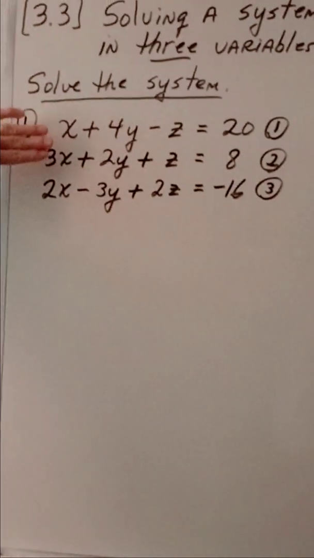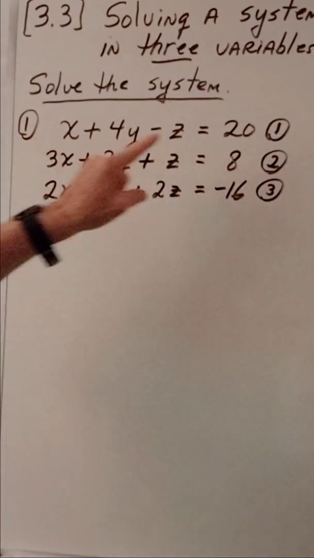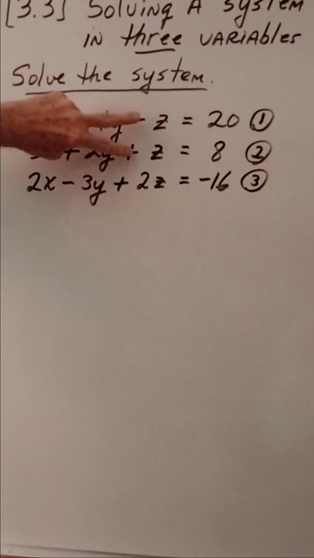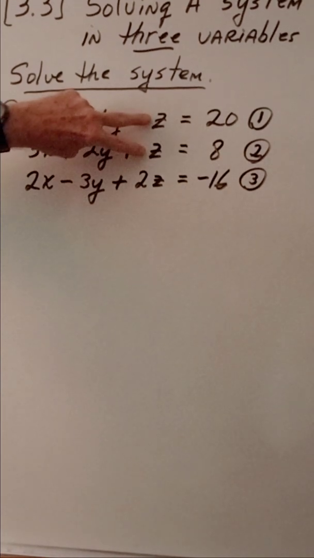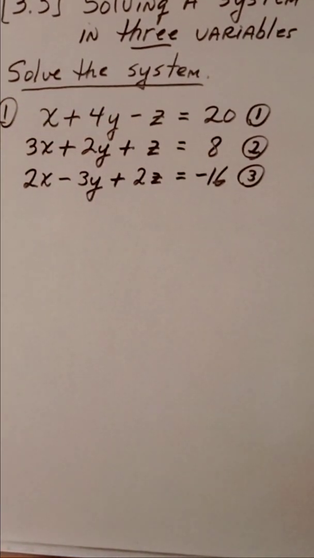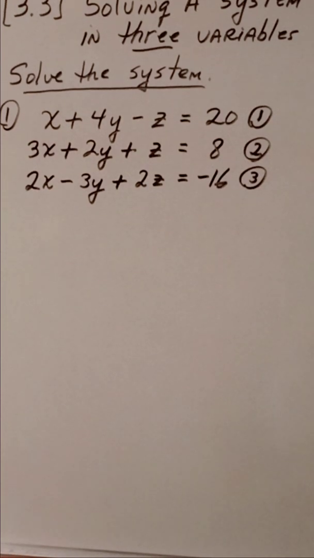So definitely one pair of equations that we'll write down will be equation 1 and equation 2, because the coefficients of z for equations 1 and 2 are opposites right now. And we'll just simply have to add down, and they will get eliminated immediately.